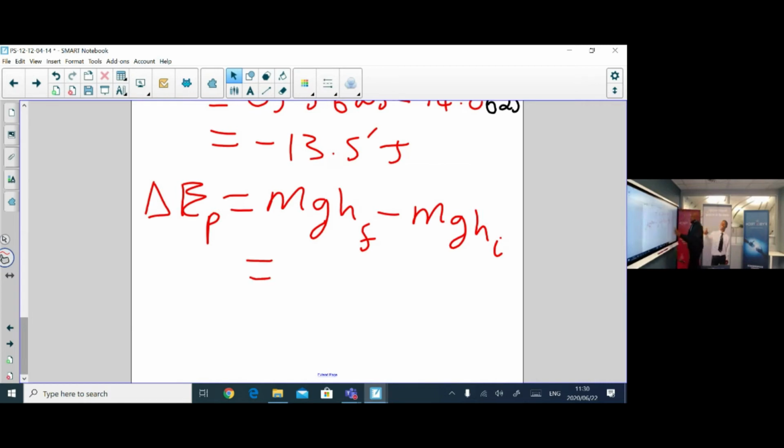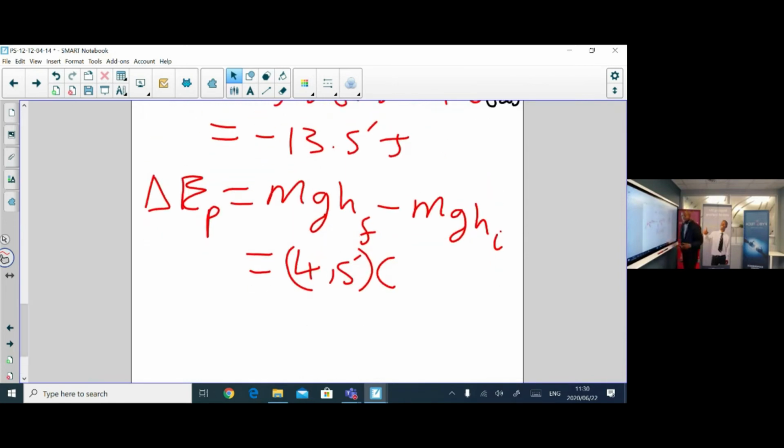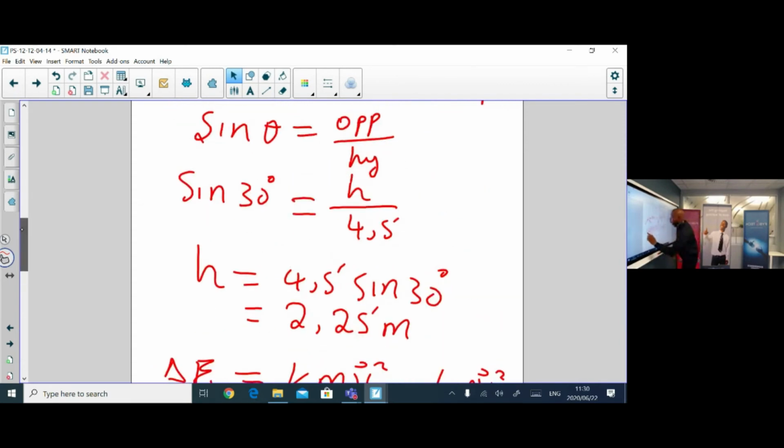We have the same mass, 4.5 kilograms, multiplied by g, the gravitational acceleration, which is approximately 9.8 meters per second squared, multiplied by your final height, 2.25 meters.